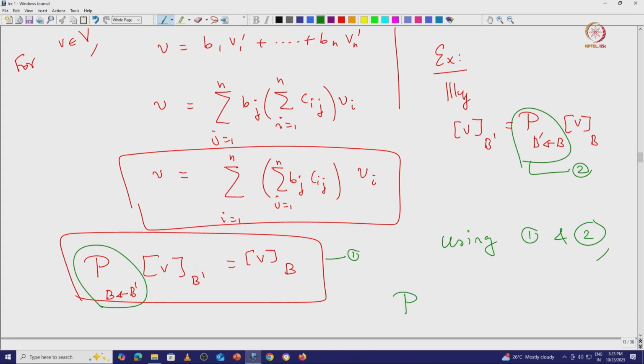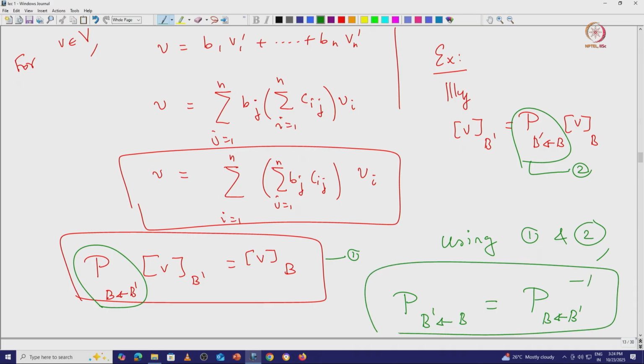So, if we take P_{B'B}, which is equal to the change of basis matrix from B dash to B inverse. Okay. I leave it to you to check this.